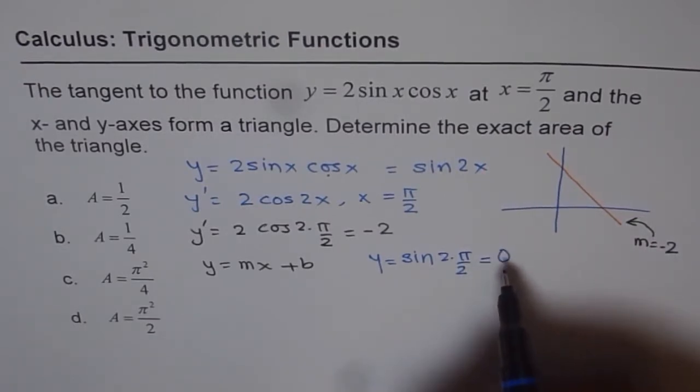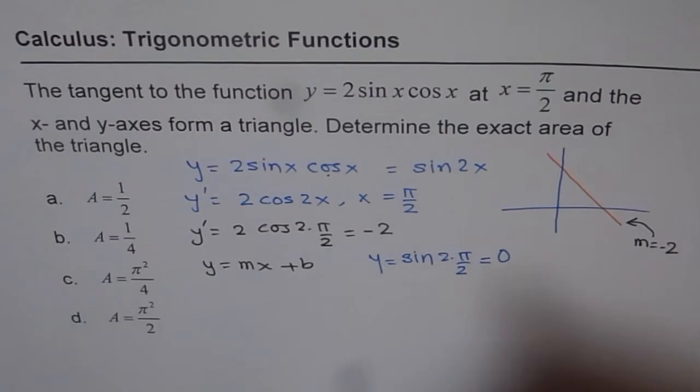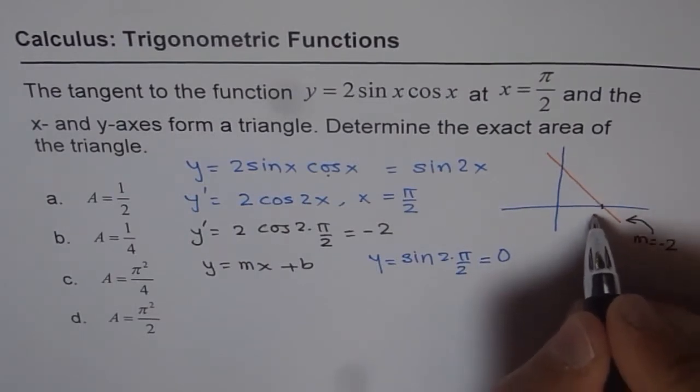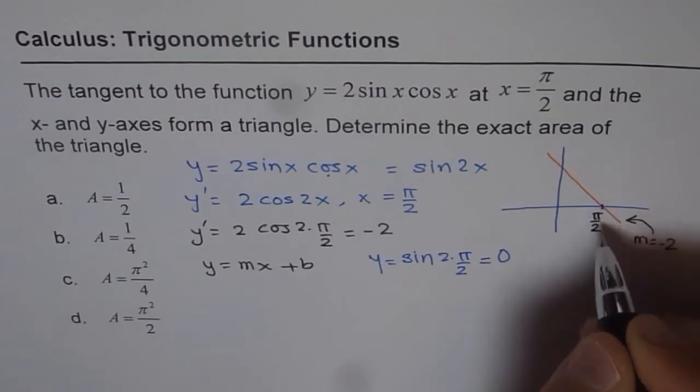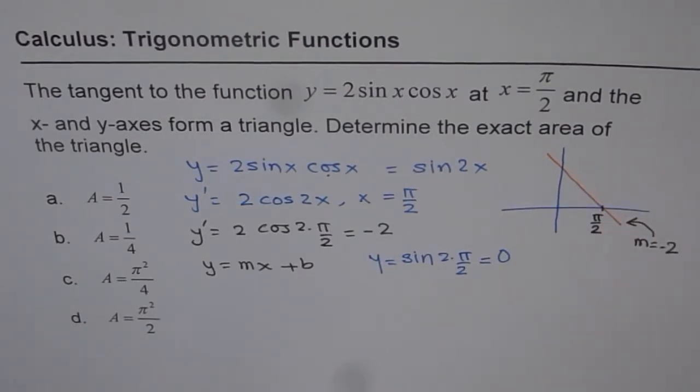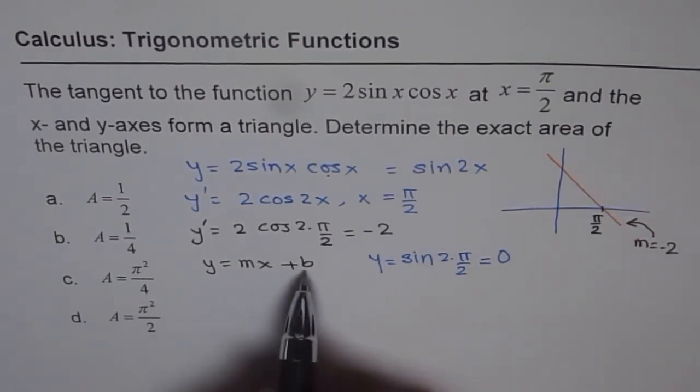So that means that the point actually is the x-intercept. This point is given to us, and that point is indeed the x-intercept. So we have this point as pi by 2. So that is the x-intercept. Now when we know the x-intercept, we can plug in this point here and find the value of b.